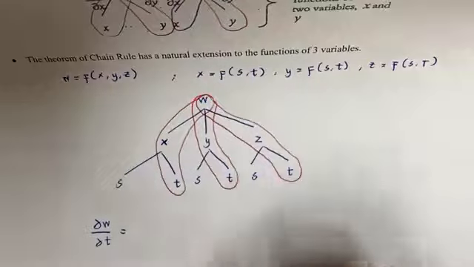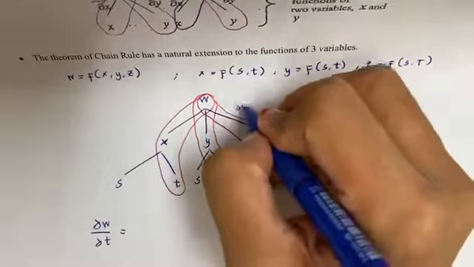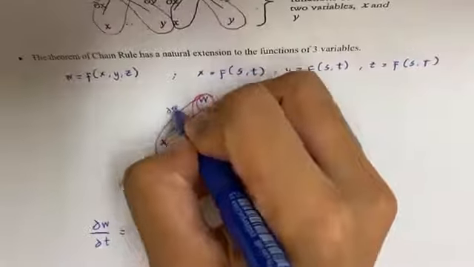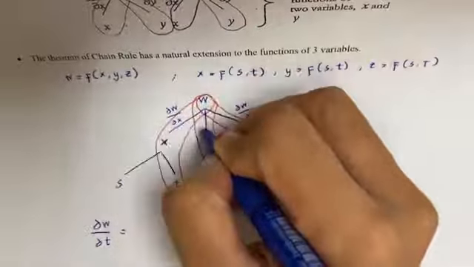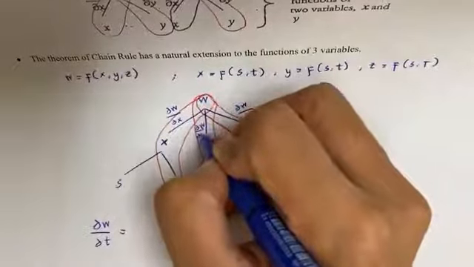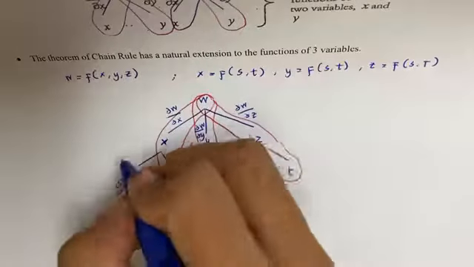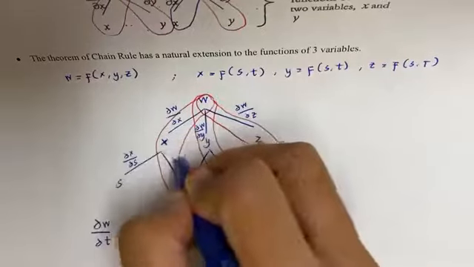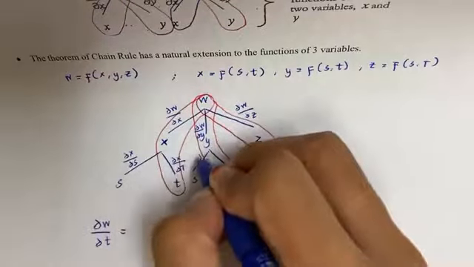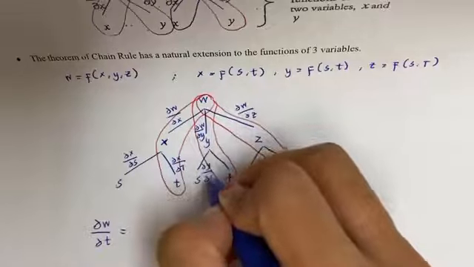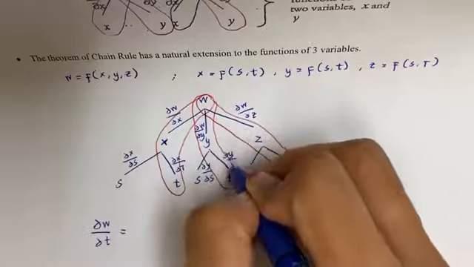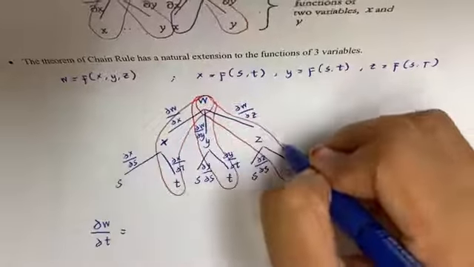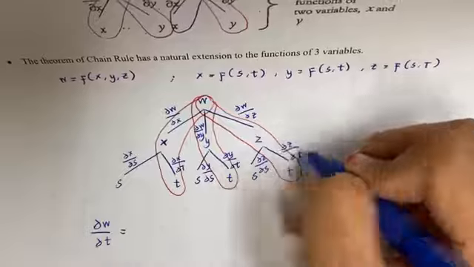Here you have ∂w/∂z, this one ∂w/∂x, this one ∂w/∂y. Here you have ∂x/∂s, ∂x/∂t, ∂y/∂s, ∂y/∂t. This is ∂z/∂s, and this is ∂z/∂t.